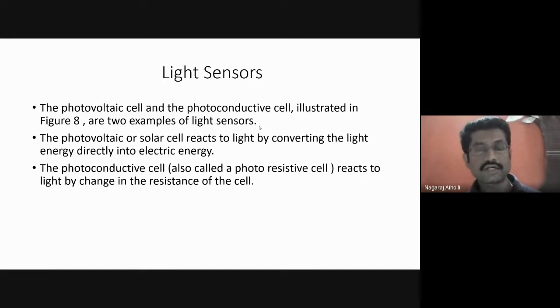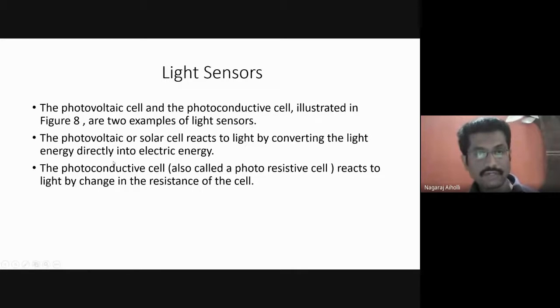Such a sensor is called a photovoltaic cell or photovoltaic sensor. The photoconductive cell converts the light energy into a change in resistance. Such sensors are called photoconductive cells.